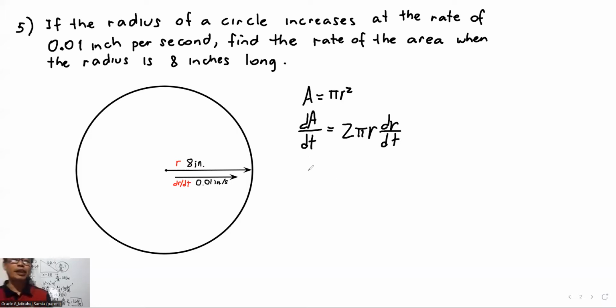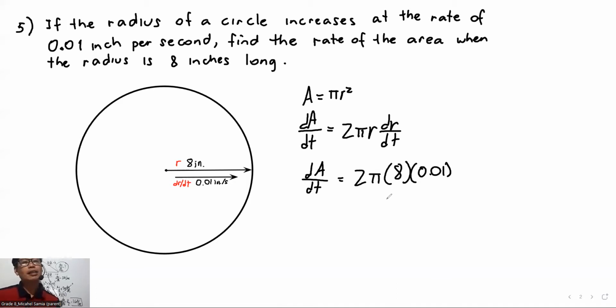dA/dt is equal to 2 multiplied by pi and radius of 8. Then change in rate is 0.01. Okay, so change in area is equal to 0.16 pi.